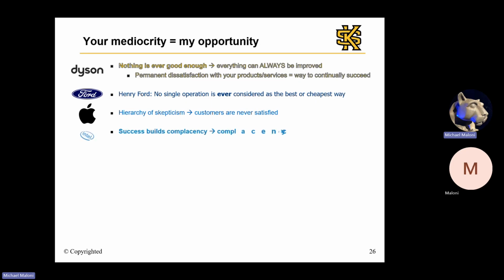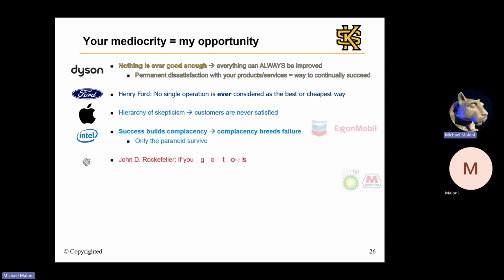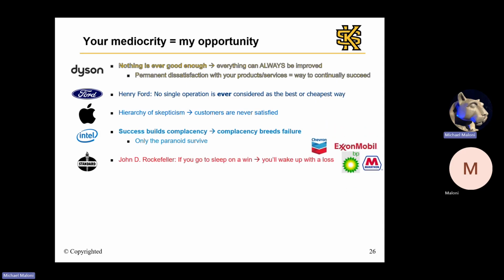Intel, whose chips are inside most of our computers, warns that success builds complacency, and then complacency breeds failure. Only the paranoid survive. That's an urgent way to promote continuous improvement. John D. Rockefeller, 150 years ago or so, founded Standard Oil, which was eventually broken up to become companies that we now know like ExxonMobil, Chevron, BP, and Marathon.